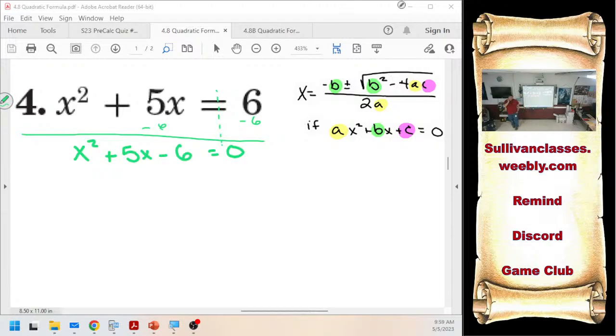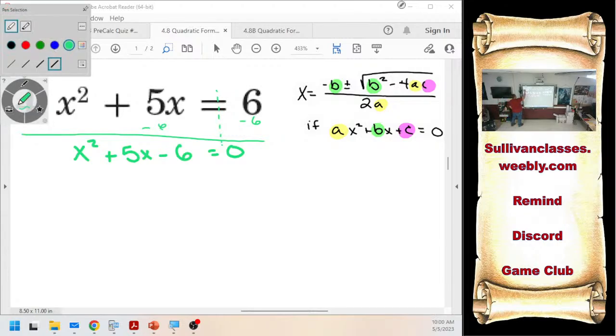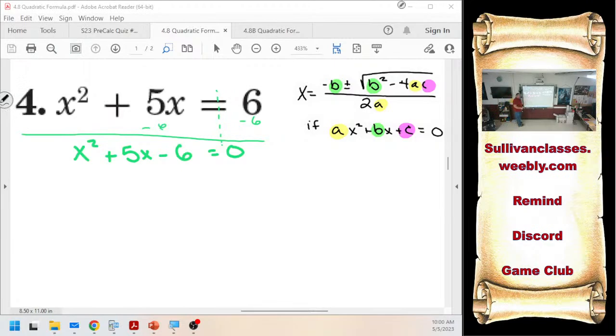You set up your formula. When I set up my formula, I have to do it with a bunch of parentheses. Everywhere you saw an A, B, or C, you put parentheses.